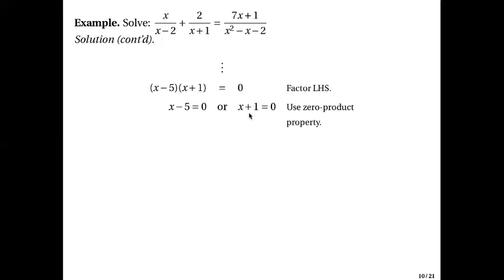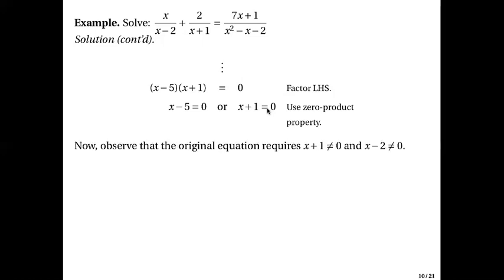So notice this guy here. According to this, x plus 1 equal to 0. But using the original expression, we cannot have this. So observe that the original equation requires x plus 1 not equal to 0 and x minus 2 not equal to 0. This guy here and this guy here shouldn't be equal to 0.